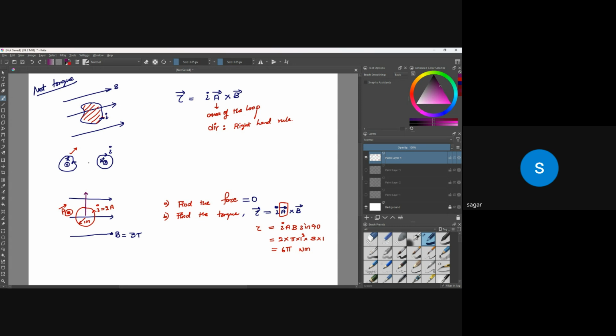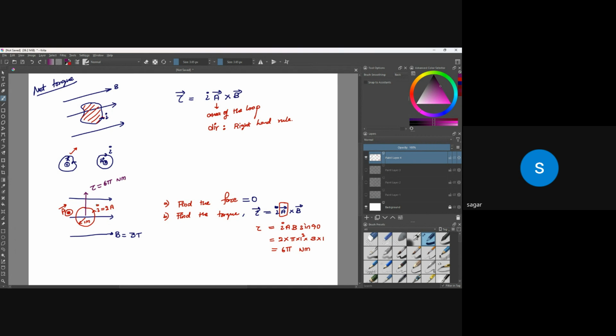You should be very good with finding the direction of cross product of two vectors. Right now it's difficult for me to show how A bar cross B bar is upwards, but all I say is use the right hand, place it along area vector, curl the fingers towards magnetic field vector. The thumb will give you the direction of A bar cross B bar. And here it turns out to be upwards. So the torque is in that direction and it is equal to 6 pi Newton meter.